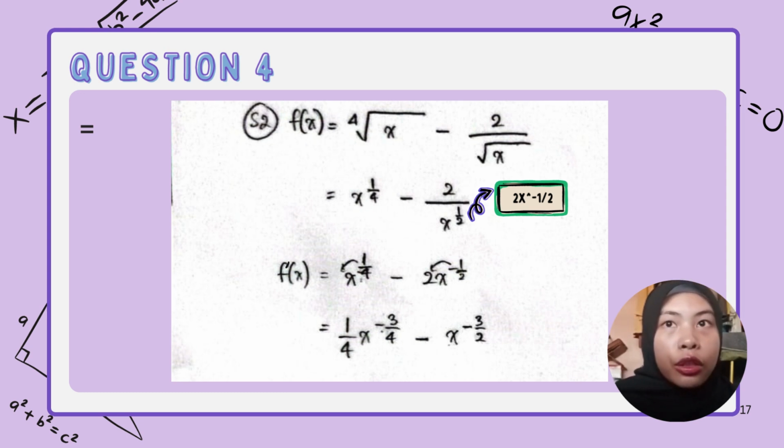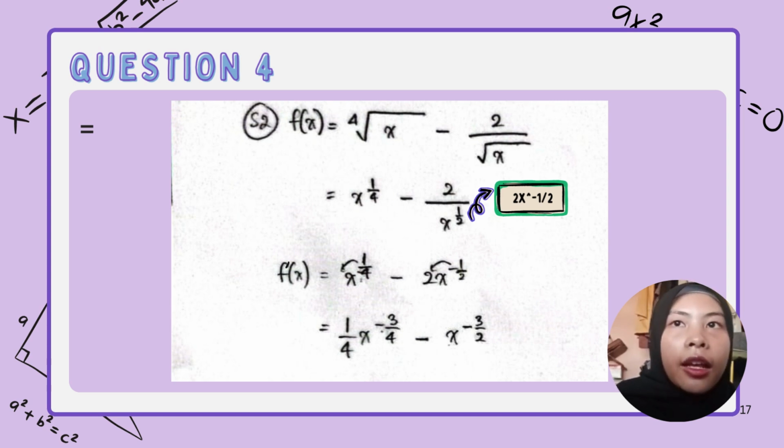And how does the 2x^(-1/2) form? The 2x^(-1/2) forms from the 2/x^(1/2). Instead, we bring the x upward and it will multiply with 2. So that's how the 2x^(-1/2) comes from.